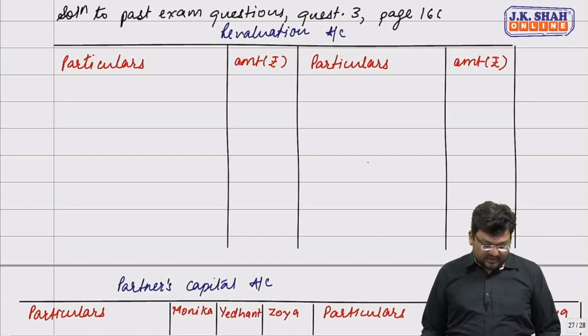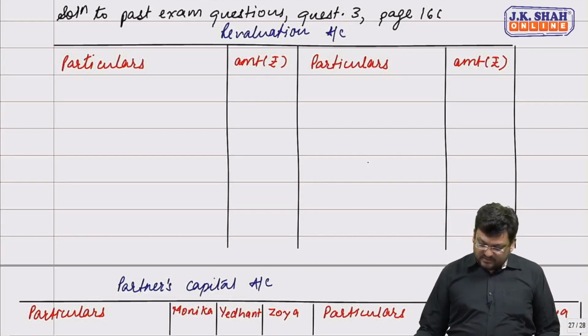Zoya's share of goodwill be adjusted in account of Monica and Yedhant. Zoya's share of profit from 1st April 2018 to date of death will be calculated on the basis of average profit of preceding 3 years. Profit of preceding 5 years is given. You are supposed to prepare revaluation account, capital account and balance sheet on 1st of July.